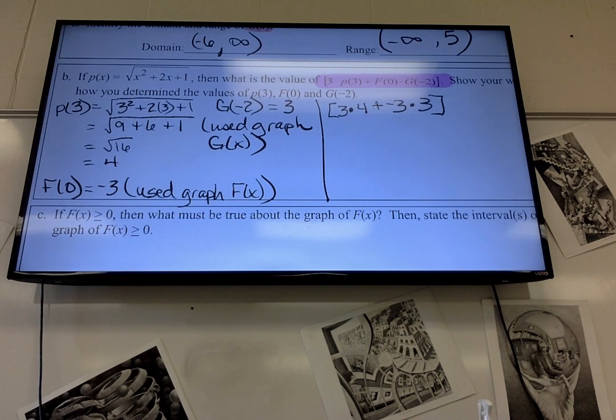Follow order of operations, so I have to do multiplication before I can add. So that's 12 plus negative 9, which is 3.